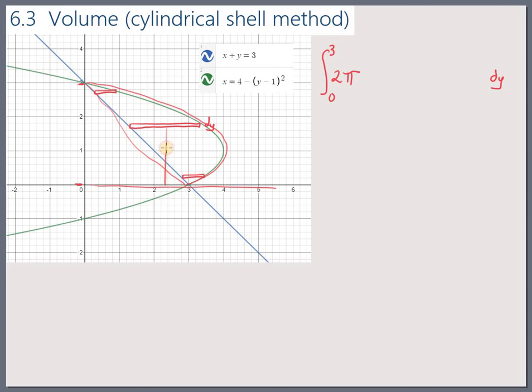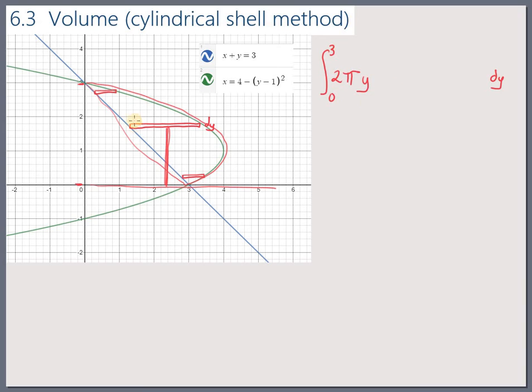Radius this time is this distance right here. That distance right there is just y. And fortunately our variable is y. We don't need a function that describes y. We're just integrating with respect to y, so we can just put a y in there.